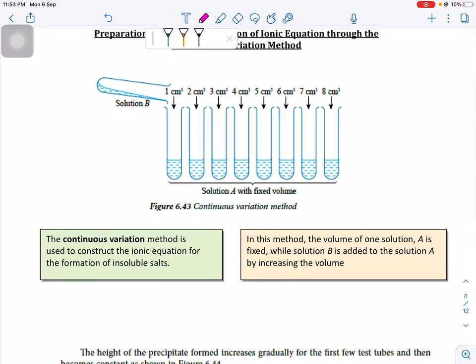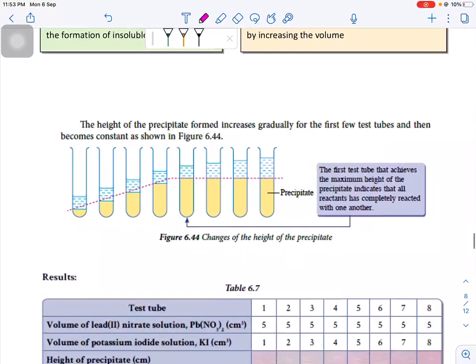The continuous variation method is used to construct the ionic equation for the formation of insoluble salt. So this is the method for us to determine or make the ionic equation. Based on the data of the experiment, we make the ionic equation using the continuous variation method. What do we do? We fix one volume, and then the second volume we keep adding until we can find the volume that is just enough to react completely between the two reactants.